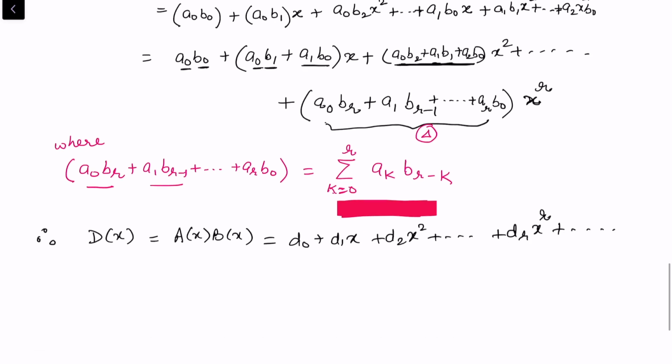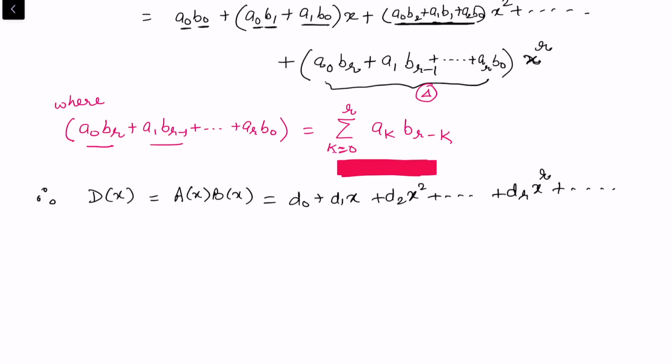And from this delta, we have noticed the rth term. So what is the rth term here? We can say Dr is equal to the summation, k goes from 0 to r, Ak into B to the power r minus k.